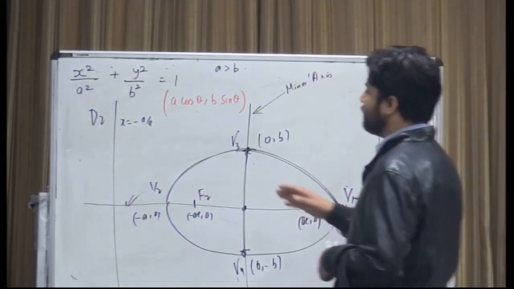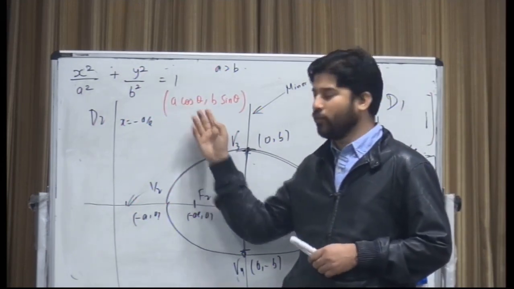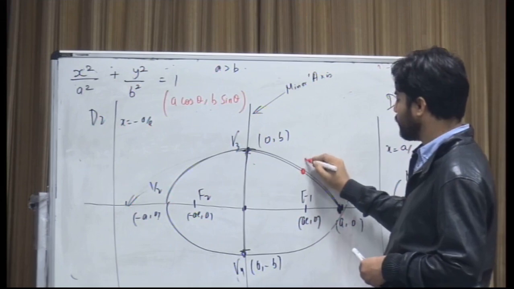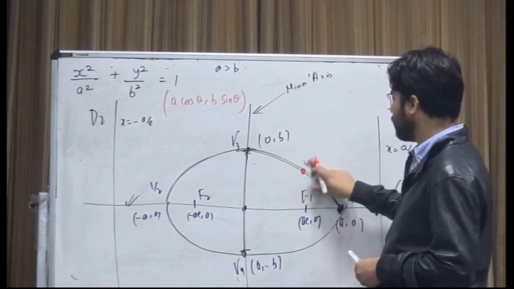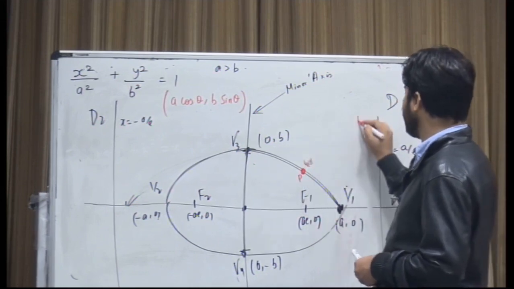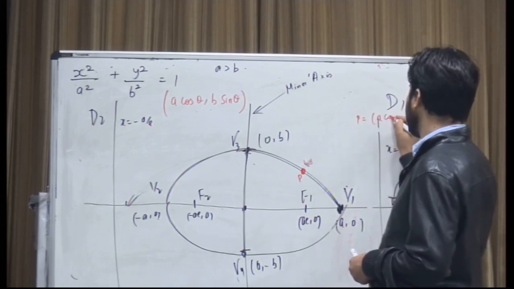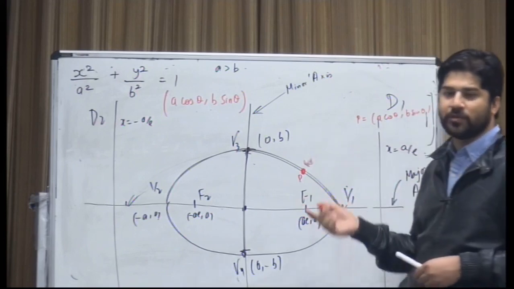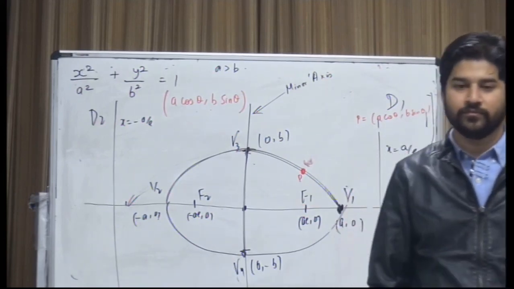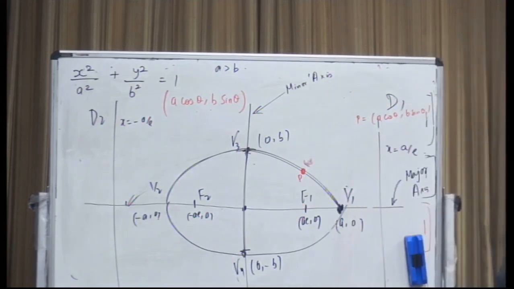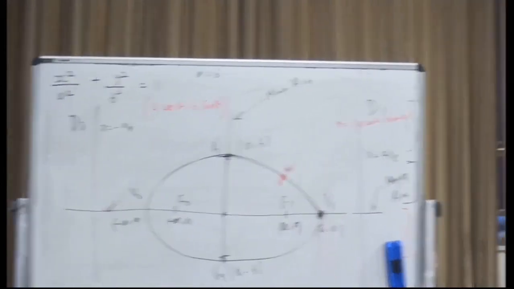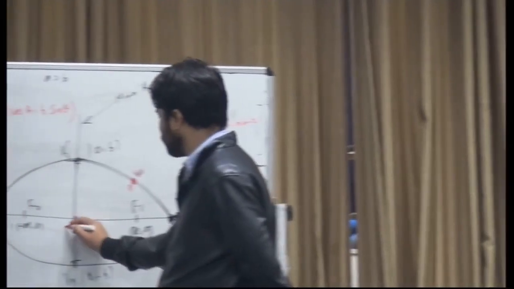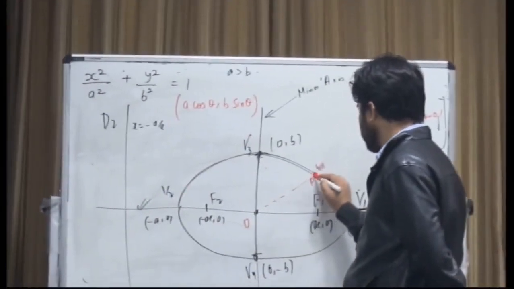Now let's say I am calling this point P, a cos theta comma, what is this theta? In a circle I immediately knew it was the angle made by this angle.